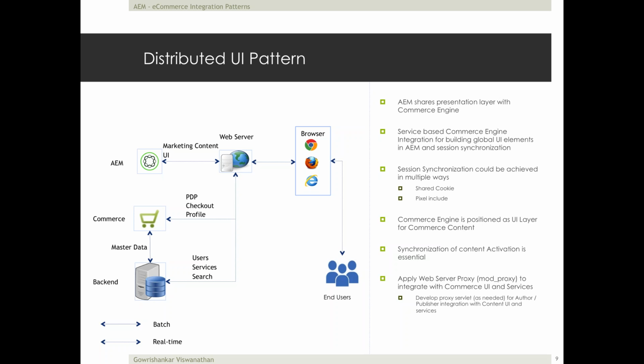I change that value in author versus publish. In publish, it goes to the web server. In author, it goes to the server to fetch the URL that I see. So with all these non-traditional integrations, if we don't plan ahead of time, we'll discover these gotchas, and all of these we need to plan for.